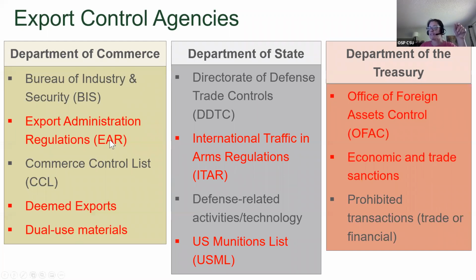So Commerce keeps this Commerce Control List, and it has a list of all of these different types of dual use materials, also concerned with the deemed exports, what I just mentioned, where you're not physically taking something out, but you're releasing certain technologies and information to a non-US person. Okay, so Department of Commerce has the Export Administration Regulations, EAR. Link the information together. Commerce with EAR, which is your dual use and deemed exports.